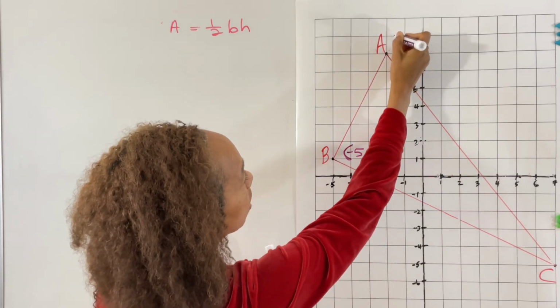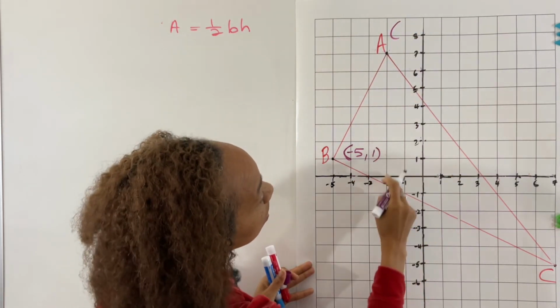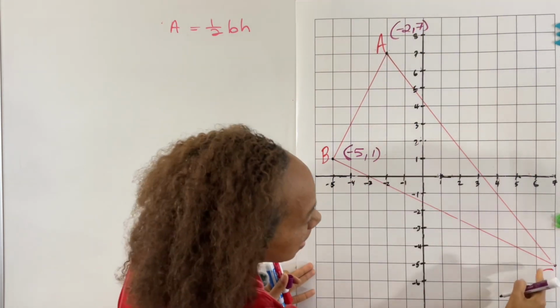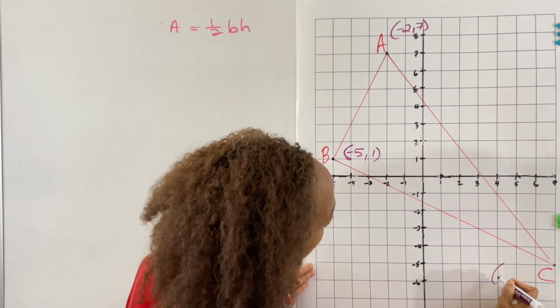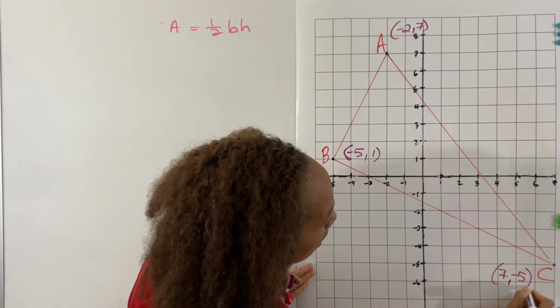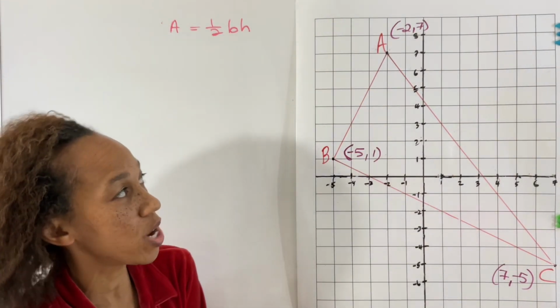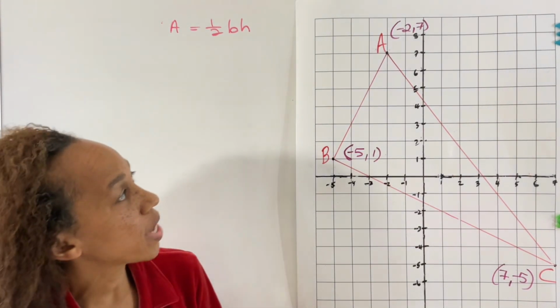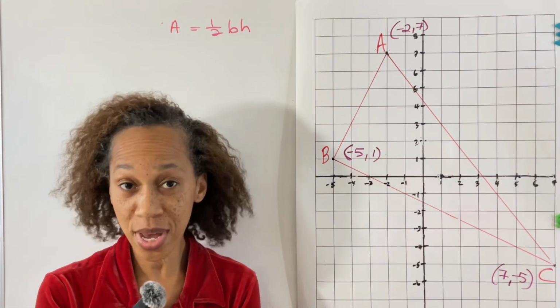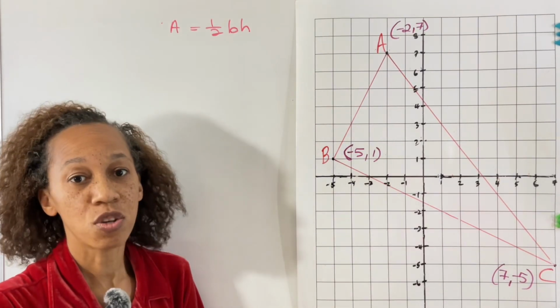A is located at -2, 7. And C is located at 7, -5. So you have to find the coordinates of all 3 vertices of that triangle first. Now we can apply our distance formula.